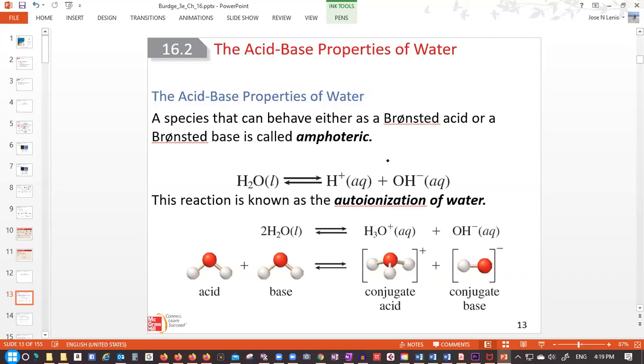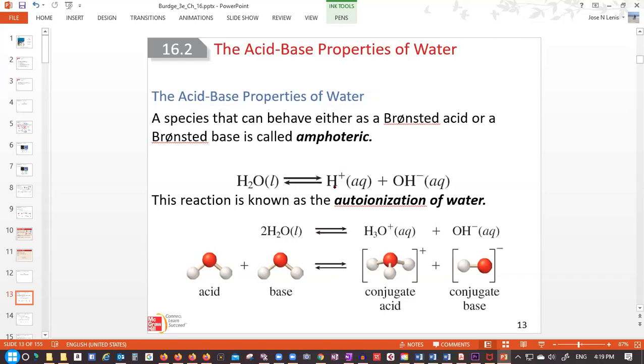Usually I don't use this expression of auto-ionization of water. I prefer to use the complete ionization process, because this really doesn't represent what's happening at the molecular level.